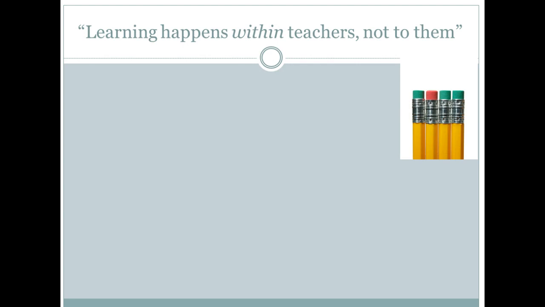All right, I love this quote that they cited from Tomlinson, Carol Ann Tomlinson, who's big in the world of differentiation, that the learning happens within the teachers and not to them.